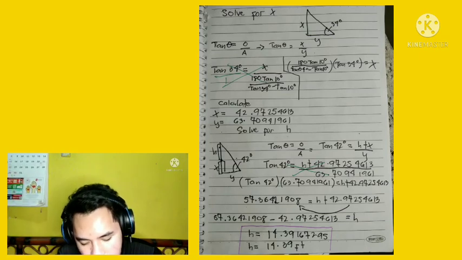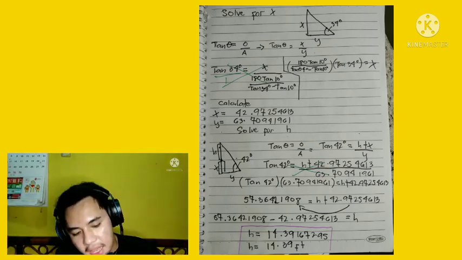So now our h is equal to 14.39167295 feet, or h is equal to 14.39 feet, and this is the height of our tower.